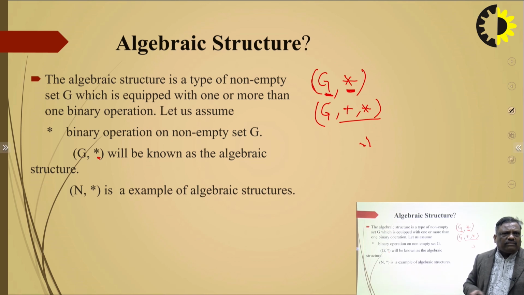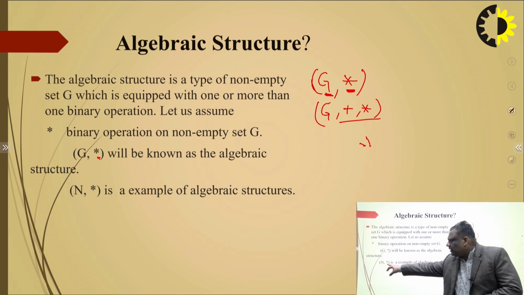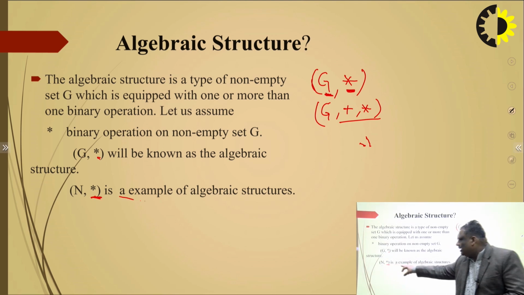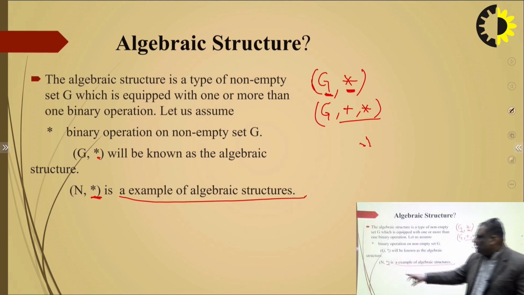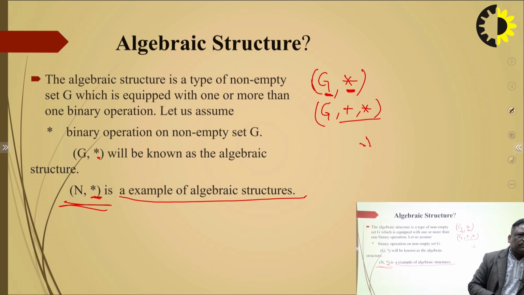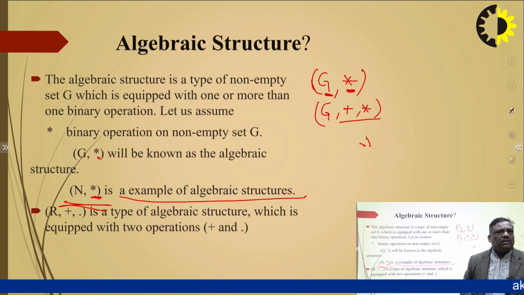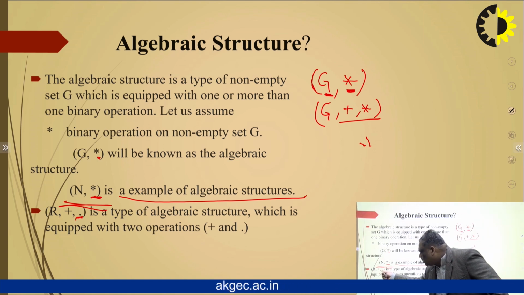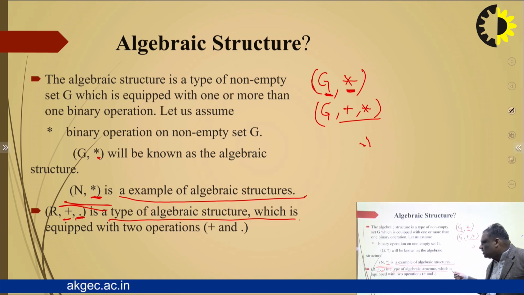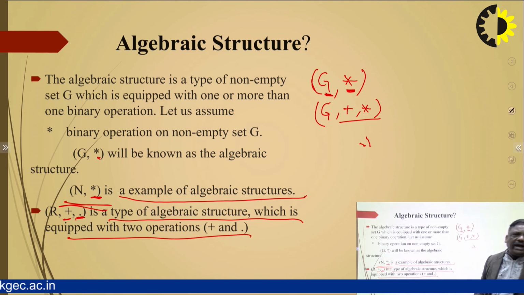Here is an example: N, the natural numbers, with the binary operation multiplication is an example of an algebraic structure. Next, another example: rational numbers with the binary operation addition, and the dot operation, is a type of algebraic structure equipped with two binary operations.